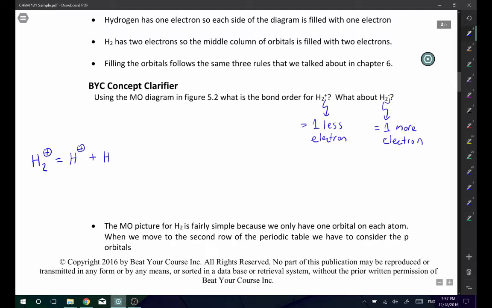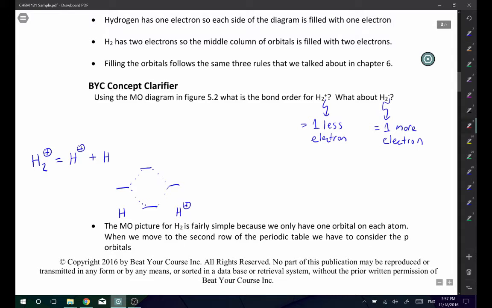And it doesn't matter which way around they are, so we can quickly show that just with a small diagram over here, same as before. So this is lower in energy, and this is higher in energy. Here you have a hydrogen, here you have a hydrogen plus, so you can see I've switched them because it doesn't really matter. And I can show the electrons in red.